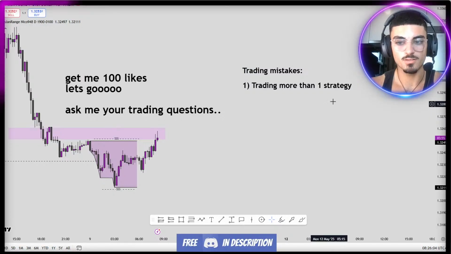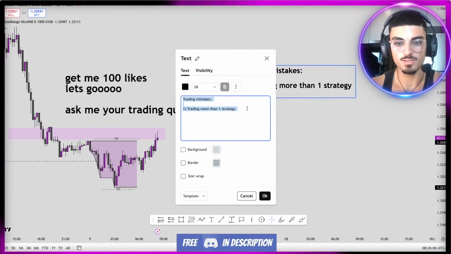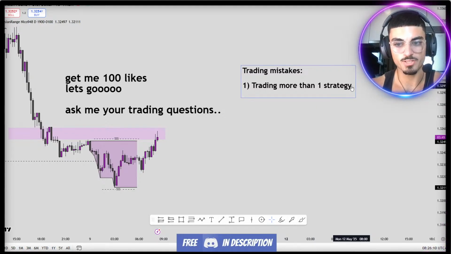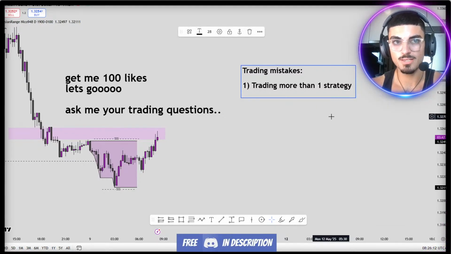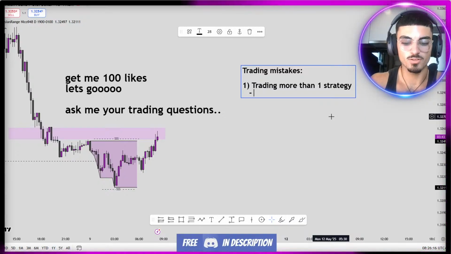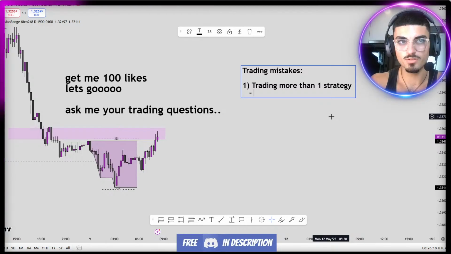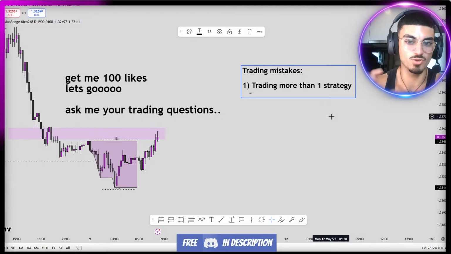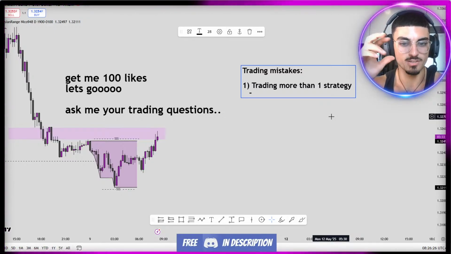And if we go deeper into this, you may think that you're not trading more than one strategy, but you probably are, and you just don't even realize it, because your subconscious mind will be making you trade differently to how you're meant to be trading, because you have multiple different strategies in your head.